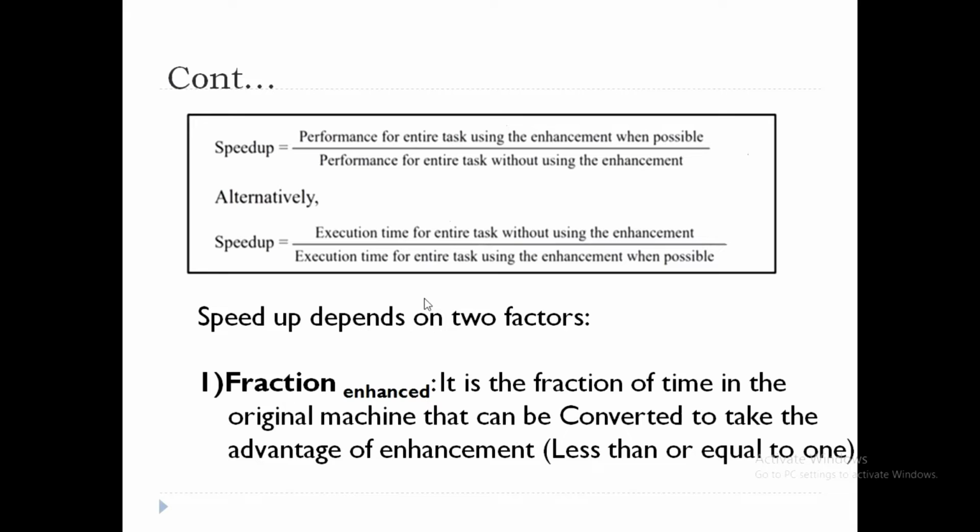Here two equations are given to calculate the speedup. One equation is: speedup is equal to the performance for the entire task using the enhancement when possible, divided by the performance for the entire task without using the enhancement.